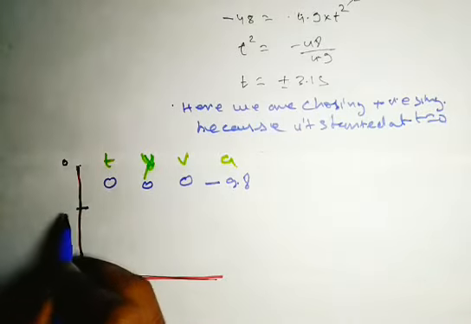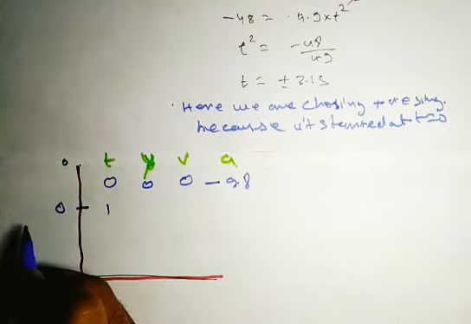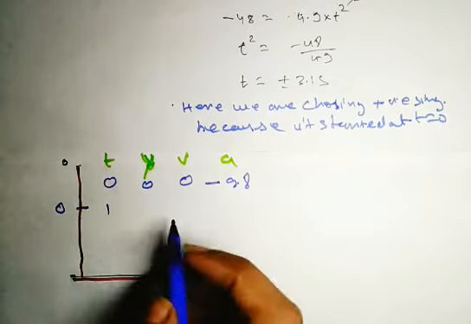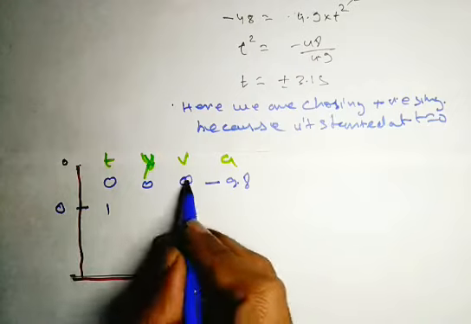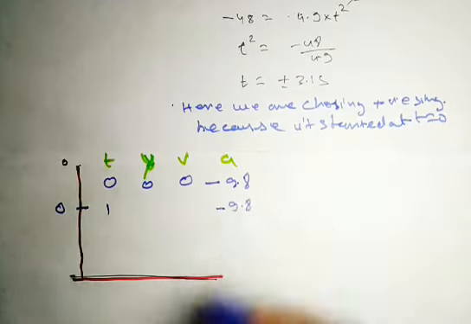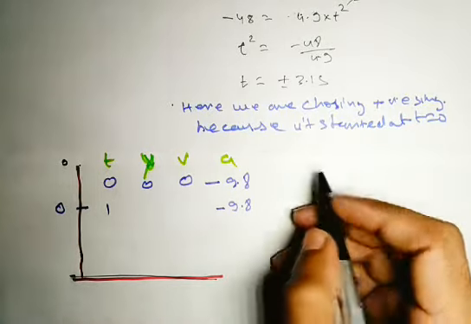At t equal to 1, the ball is here. We have to find y, and we also have to find v, and the acceleration is always 9.8. So how can we find y?